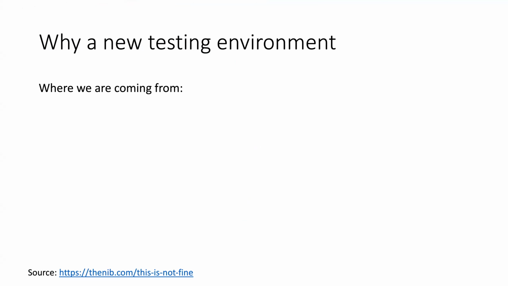To understand that, I want to give you an overview about where we are coming from, what our previous tests look like. Most of our integration tests are written in Bash, in really huge Bash scripts.